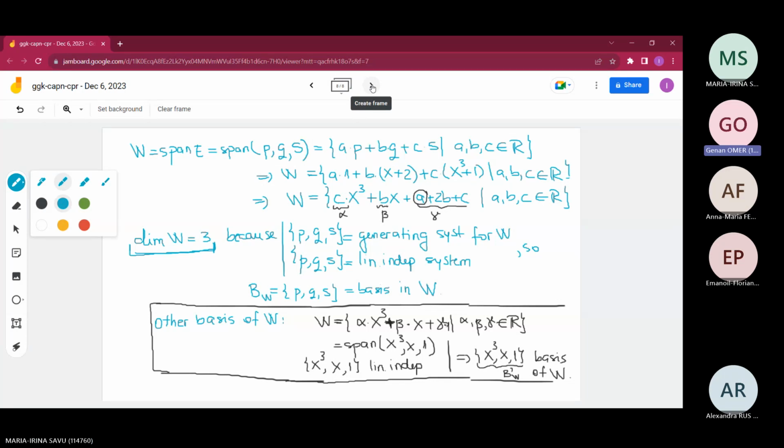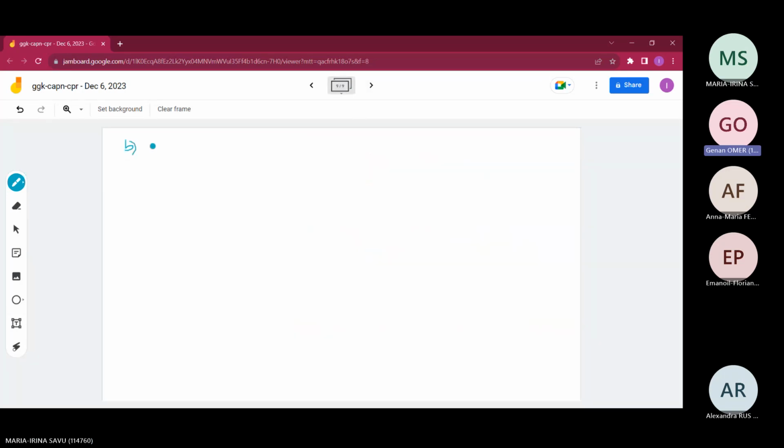Yes, we can take a vector from the canonical basis, and I think it will be completed. If you have P, Q, S here, with x plus 2 and x cubed plus 1, and you want to choose what from the canonical basis?